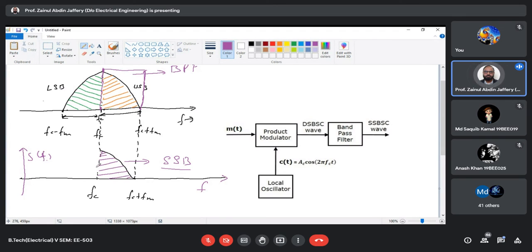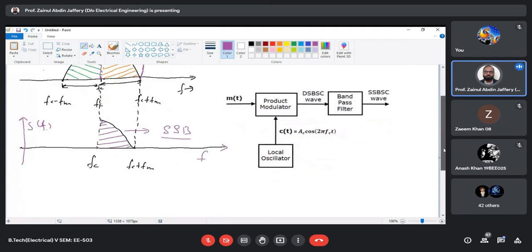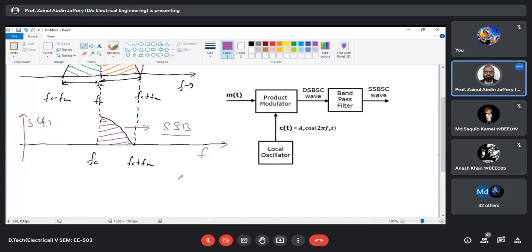Okay, आप इसी तरह से चाहें तो फिल्टर को इधर लगा दोगे तो लोअर साइड बैंड आप भी ले सकते. You can send any one side band. Sometimes this method is also called, क्योंकि इस फ्रीक्वेंसी को हम डिस्क्रिमिनेट कर रहे हैं, ठीक है ना?